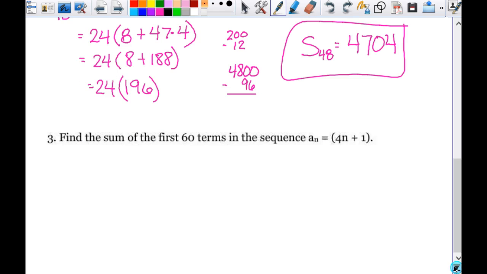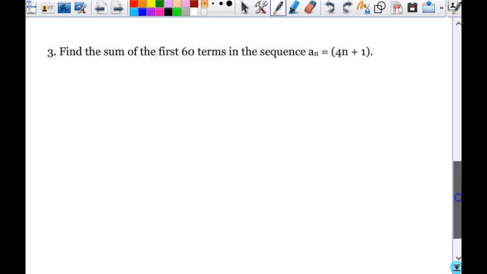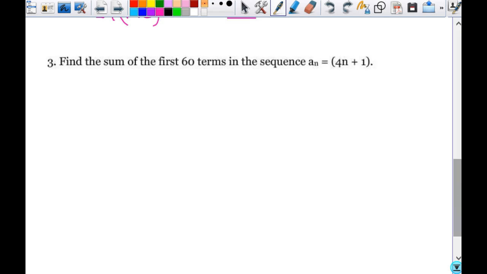All right. So now I want to find the sum of the first 60 terms of this sequence. So to find the sum of 60 terms, not only do I not know the last term, I don't even know the first term. Can I find them? Yeah, it's pretty easy to find, right?